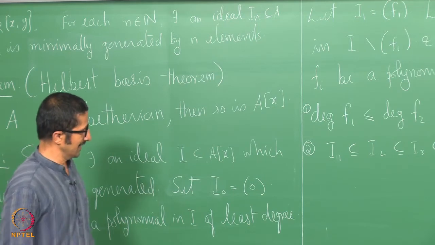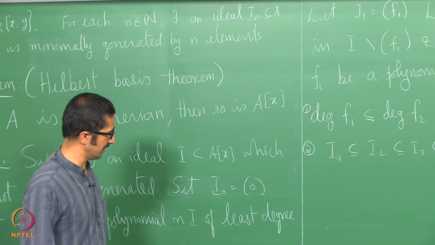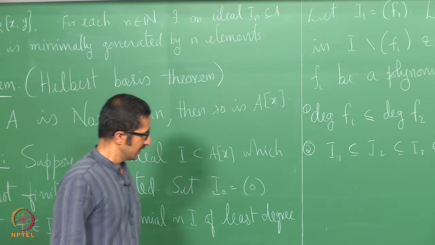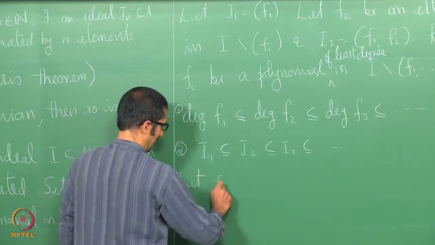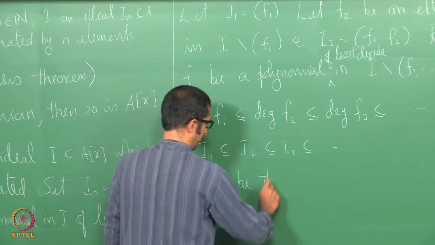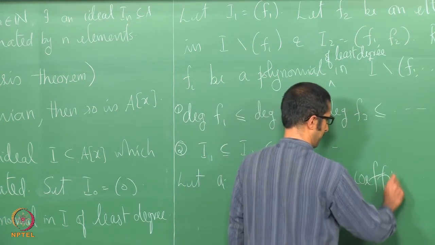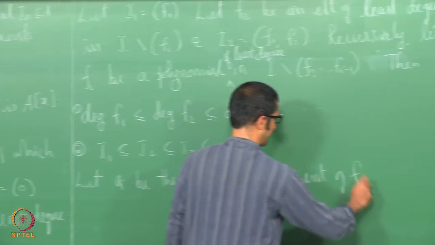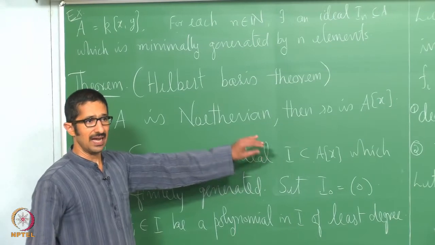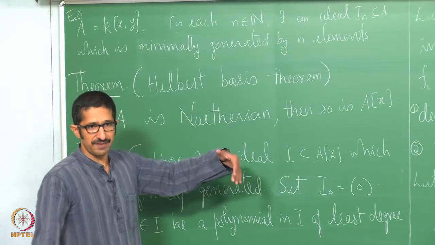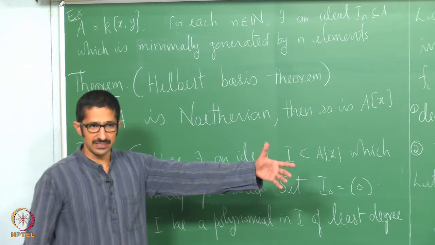Now, let a_i be the leading coefficient of f_i. From here we have to obtain some ideal in A and use the fact that the ideal there is finitely generated.